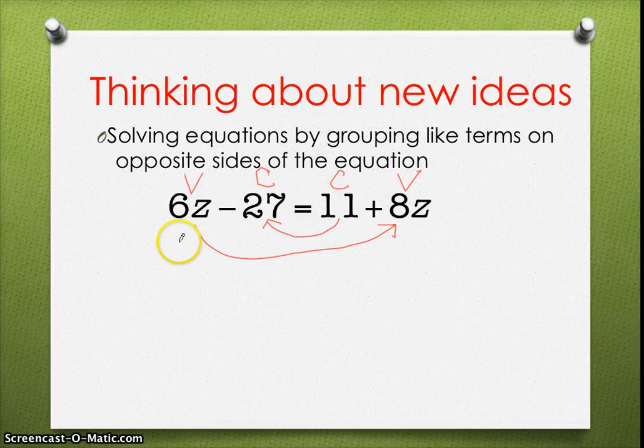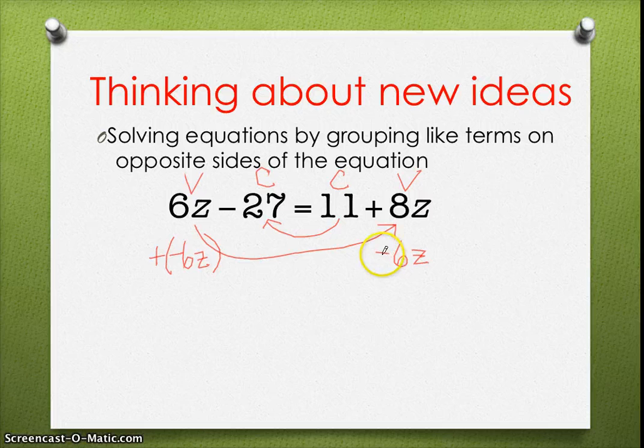So if I have a positive 6z, I'm then going to add a negative 6z on both sides. Remember, addition of the opposite is in essence subtraction. So I'm going to write it over here in the form of minus 6z because I started off with a positive.